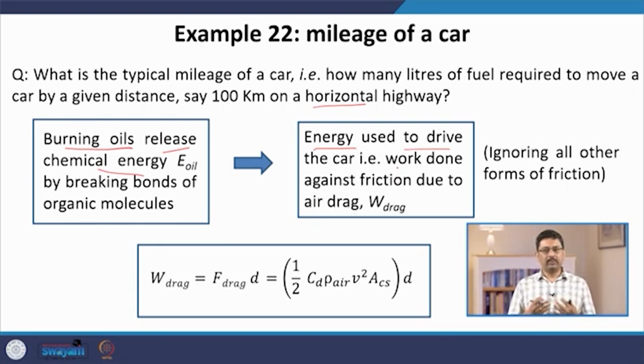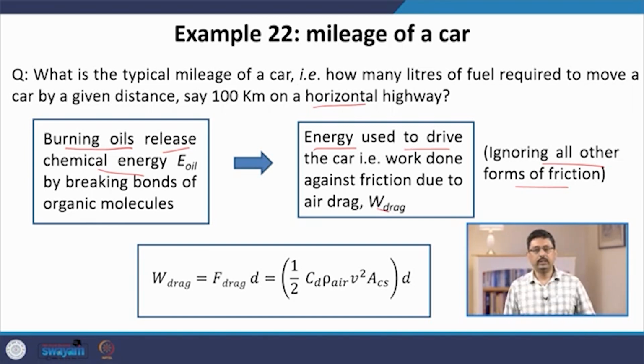To keep the analysis simple, we are going to ignore all other forms of friction except the drag. Drag is usually the most significant contributor to the friction. So, most of the energy is required to do work against this drag force.